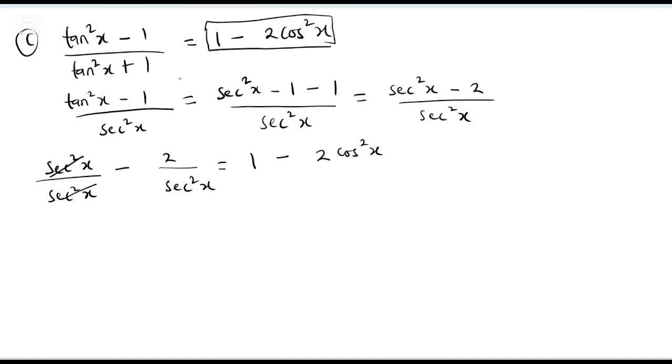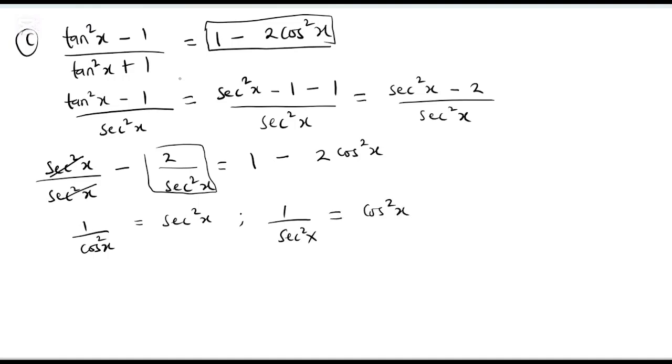So we have this, right? Don't let this confuse you, because let me make it clear. You know that 1 over cos squared x is the same thing as sec squared x, right? So 1 over sec squared x will be equal to cos squared x.